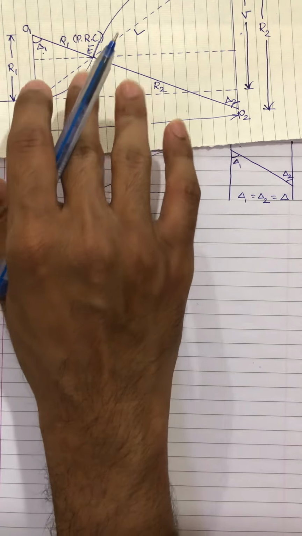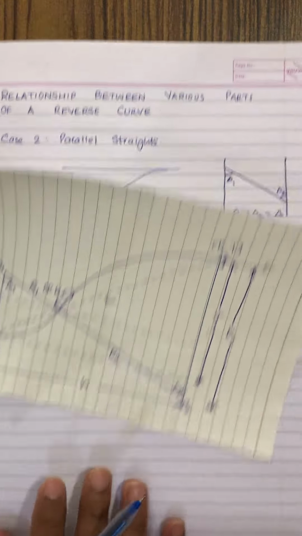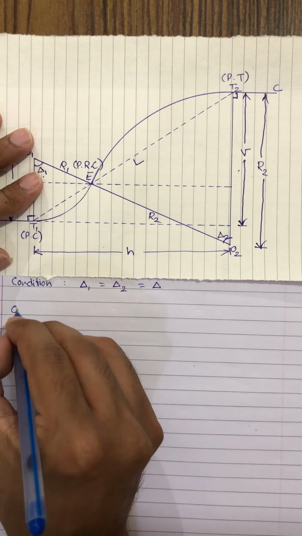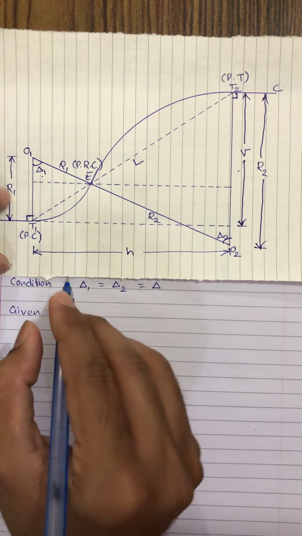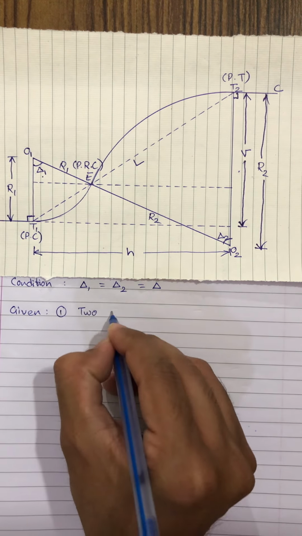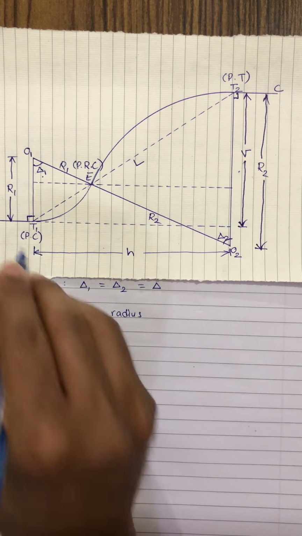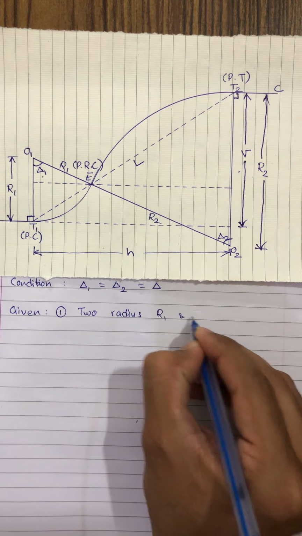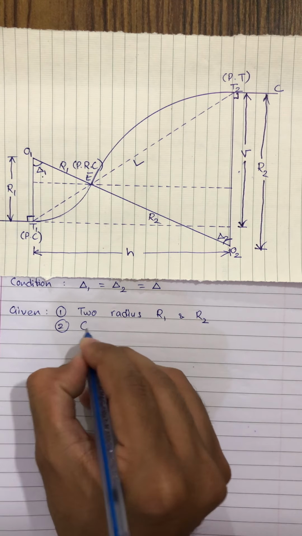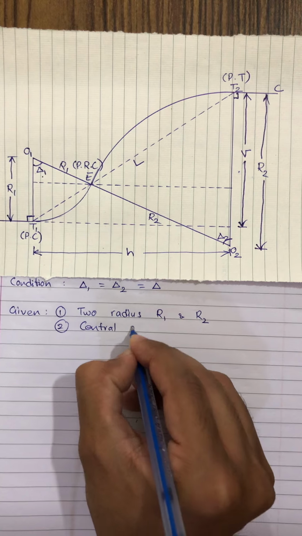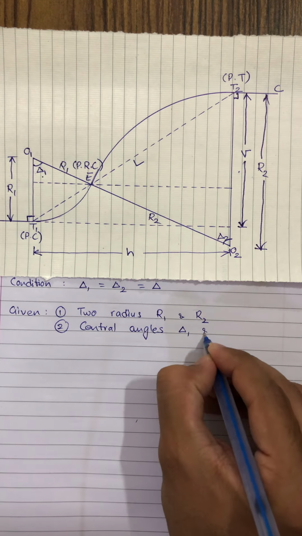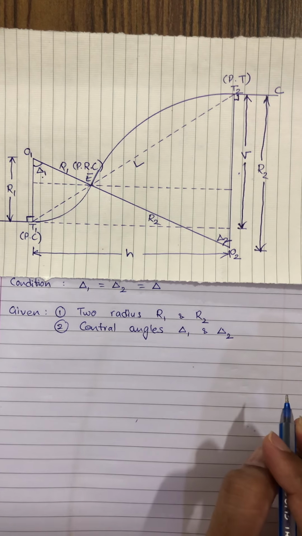So what is given over here? The parameters that are given are these two radii R1 and R2. Also, these central angles delta 1 and delta 2 are also provided.